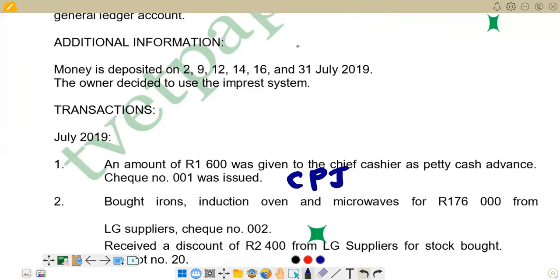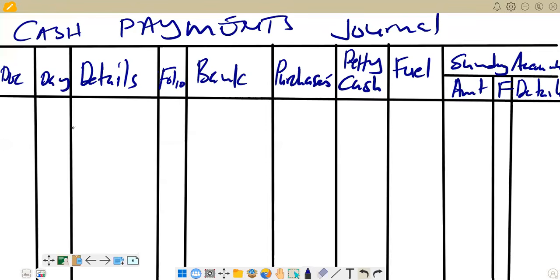This is our cash payments journal. On the document, we are going to write 001, our first document. And then on the day, we are also going to put our 1 there.